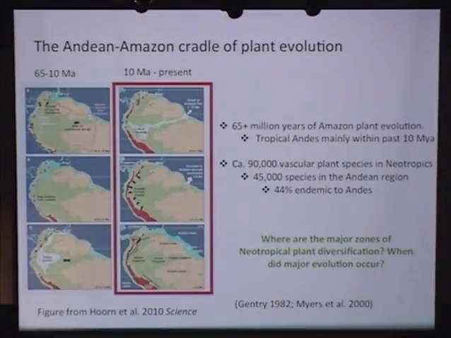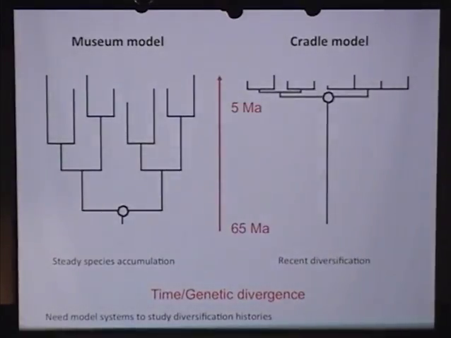A question we ask is: what are the major zones or geographic areas associated with plant diversification, and when did these major evolutionary events occur? I'm not like Stephen Smith. I can't put up a phylogenetic tree with 3 million species, but I can provide this cartoon of a couple of species. This is my framework for thinking about diversification.